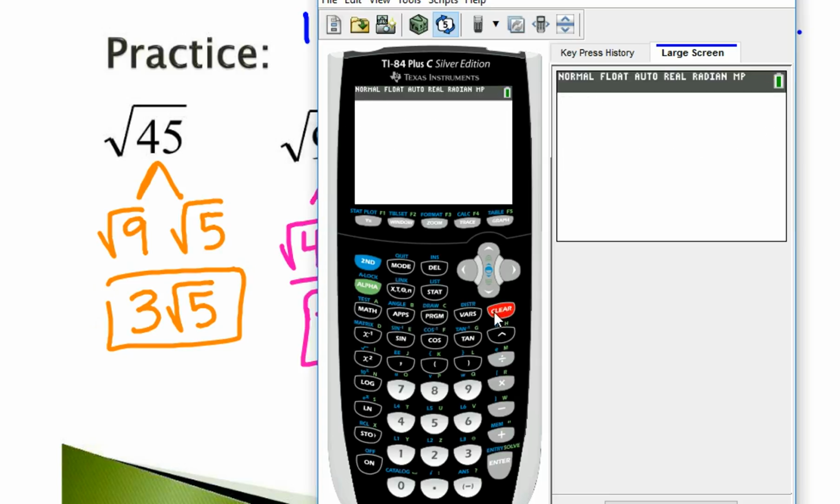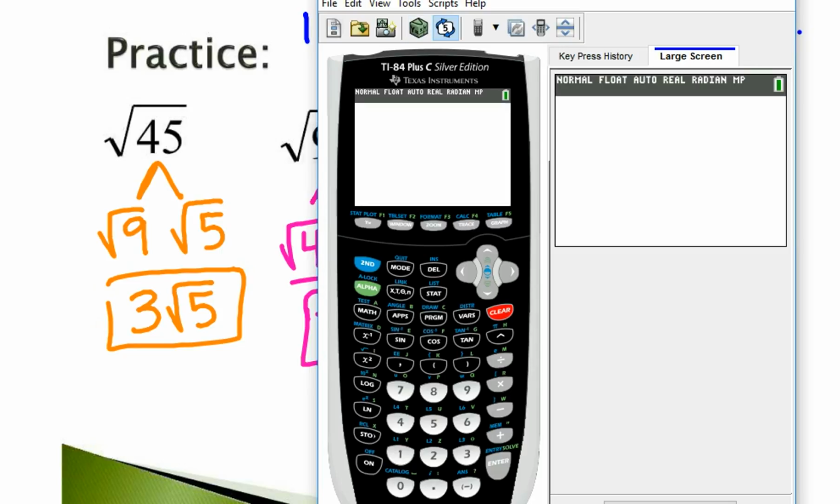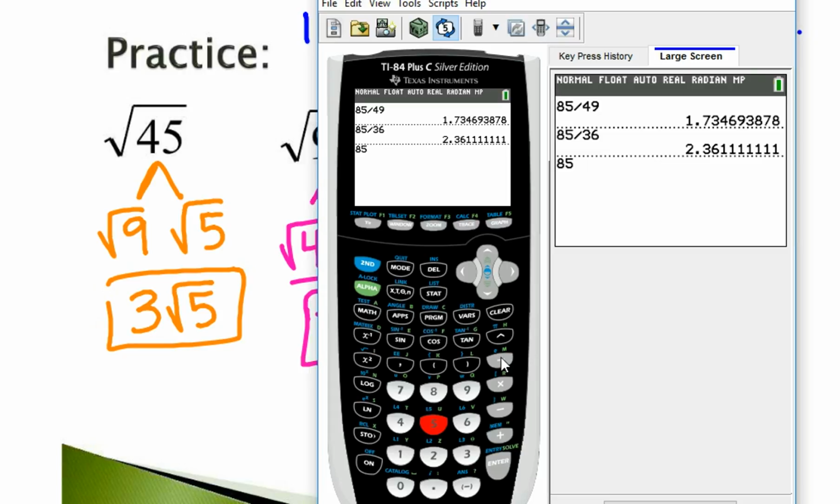Square root of 85, okay? Again, I'm working backwards through my line of perfect squares. Let me see if I can reduce this. Nope. As small as it's going to get. Okay, so 85 divided by, let's try 49. No. 85 divided by 36. 85 divided by 25. And then 85 divided by 16.